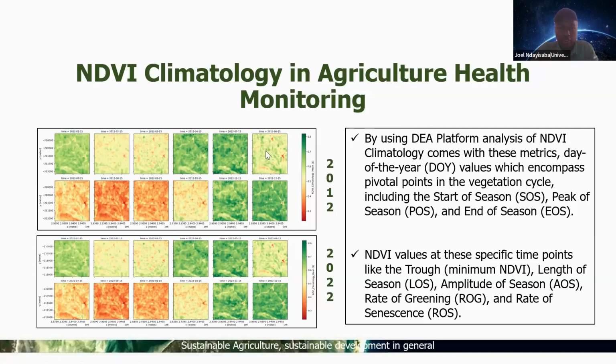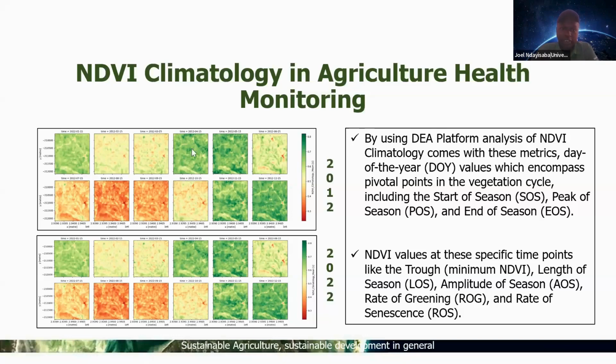You find that the vegetation values are reduced from June, July, August, September. Even in October, we get the start of season where we prepare the field to be used for seedling.